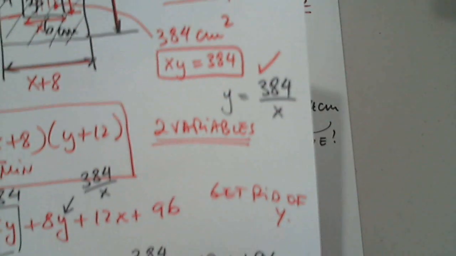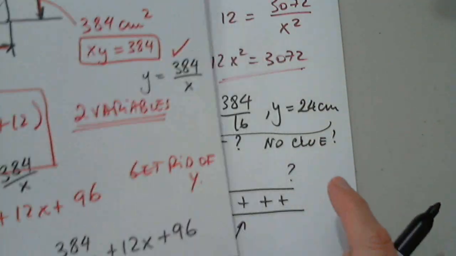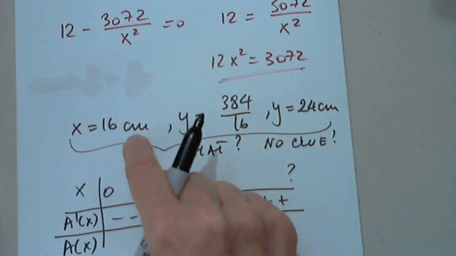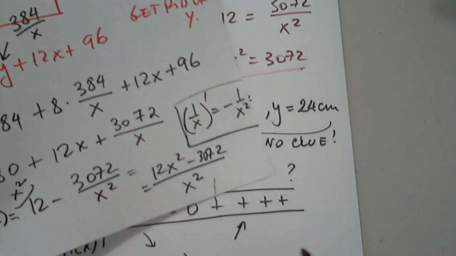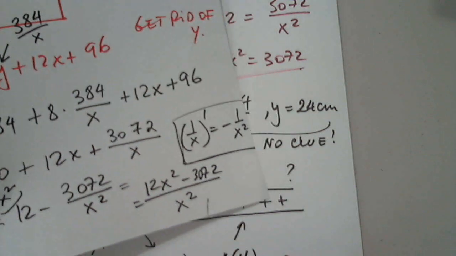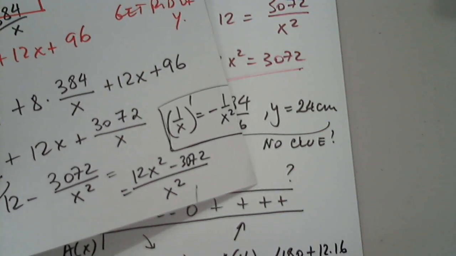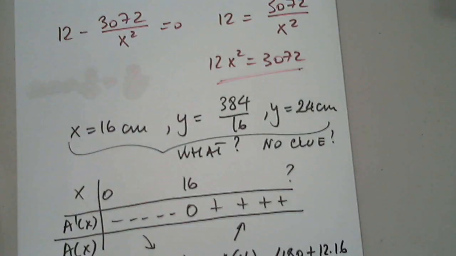In the function, I will plug in x being 16. So that will be A of 16, which is 480 plus 12 times 16 plus 3072 divided by 16.